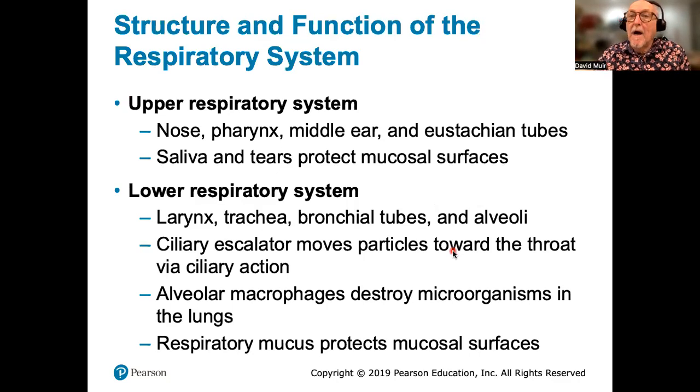So I'm not going to go through all of the anatomy in any great detail. I just want to emphasize that our respiratory system is divided into an upper region and a lower region. And the upper region is by no means sterile. It has a rich microflora, a rich microbiota. Thousands of different species inhabit our mouths, our nose, sinuses, and down into the throat.